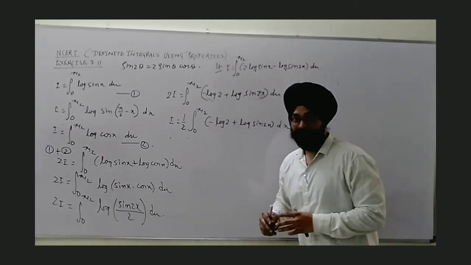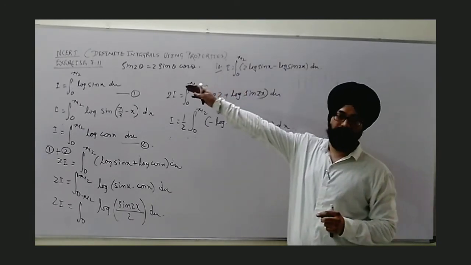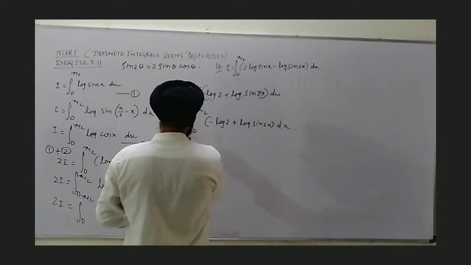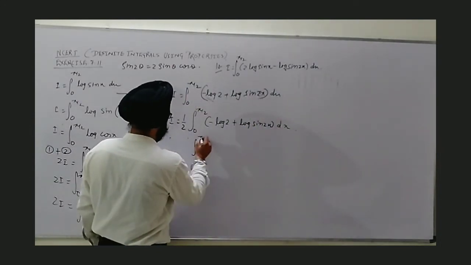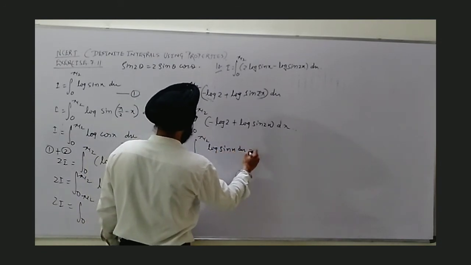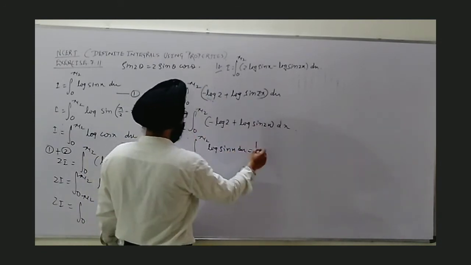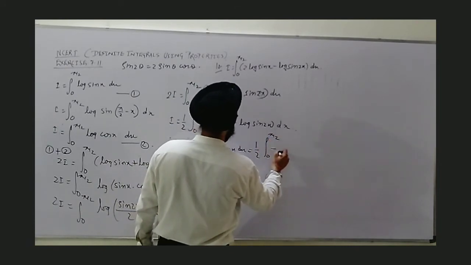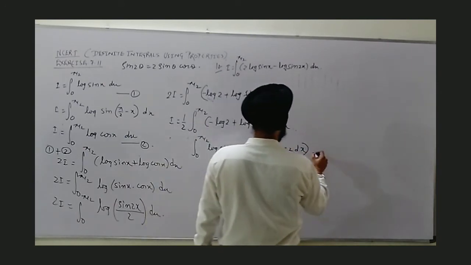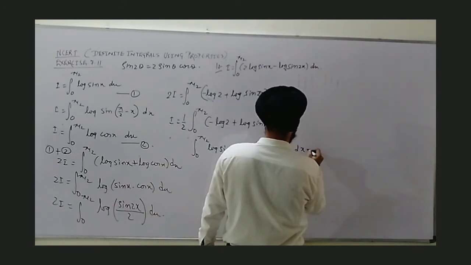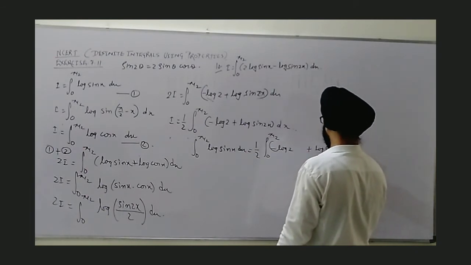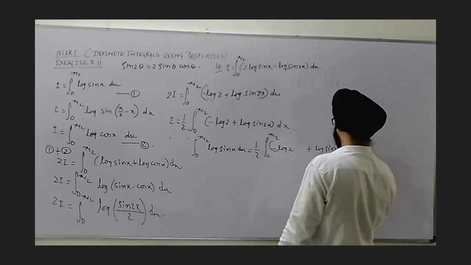Using the second method, we start with I as the integral 0 to pi by 2 log sin x dx, equal to half of the whole: integral 0 to pi by 2 of minus log 2 dx, plus, writing both of them as combined terms, log sin 2x dx.